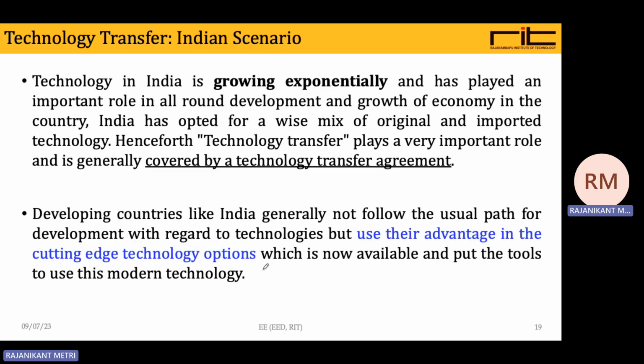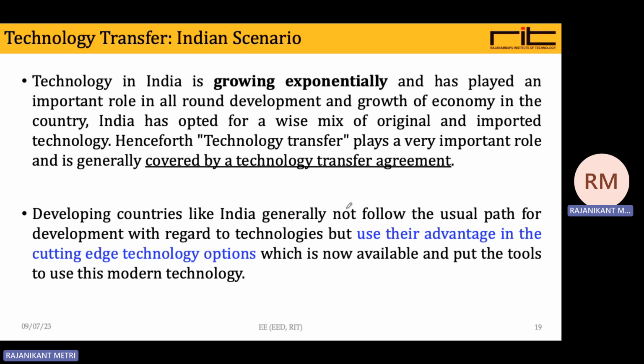Now, if we consider the Indian scenario about technology transfer, it is growing exponentially and has played an important role in all around development and growth of the economy in the country. And India has opted for a wise mix of original and imported technology, and therefore it plays an important role covered by technology transfer agreements.